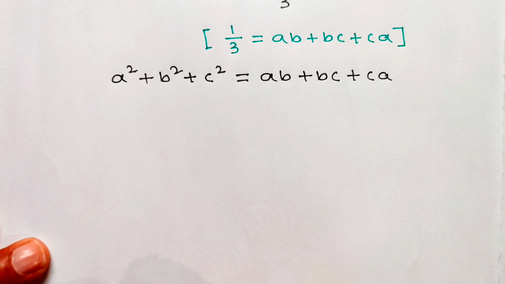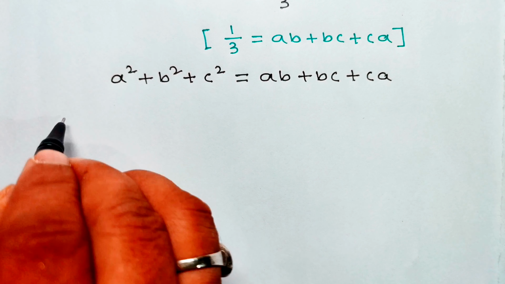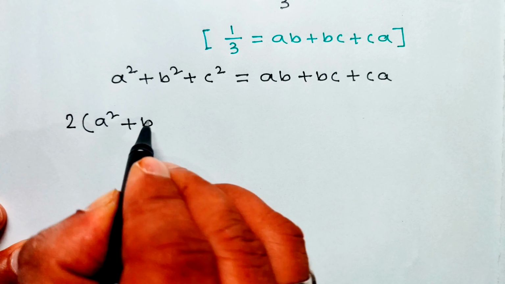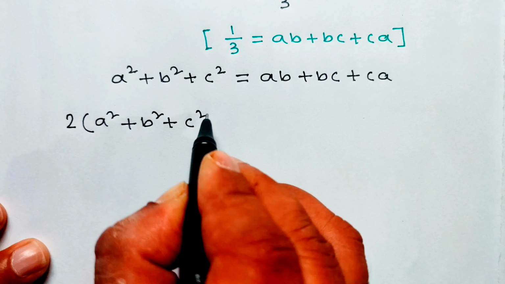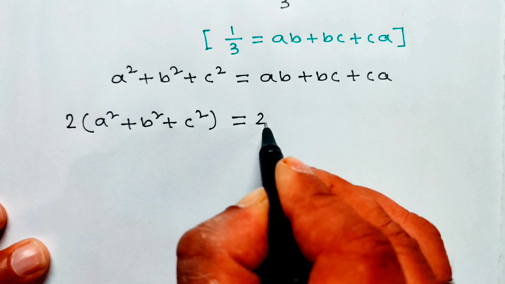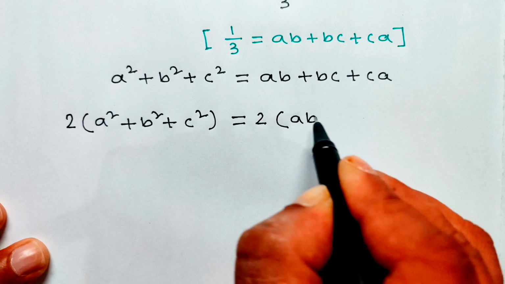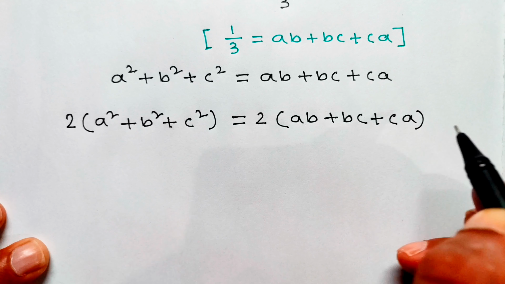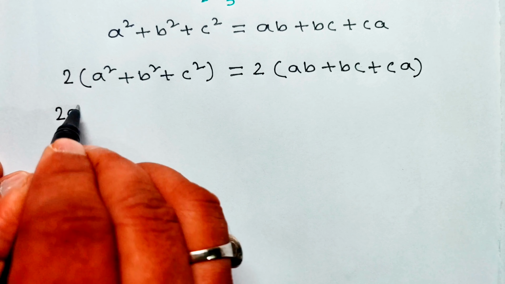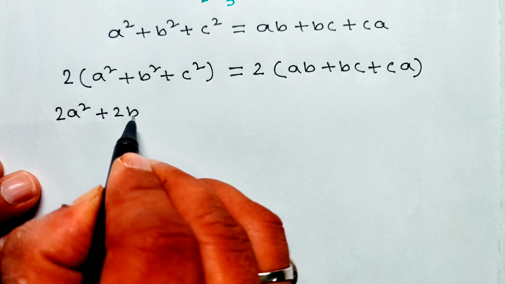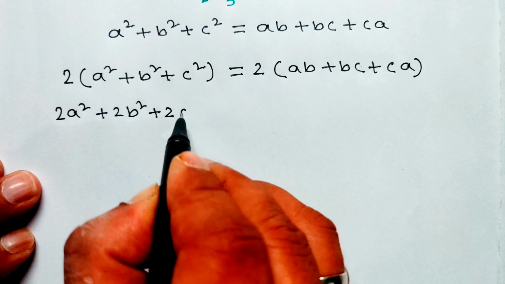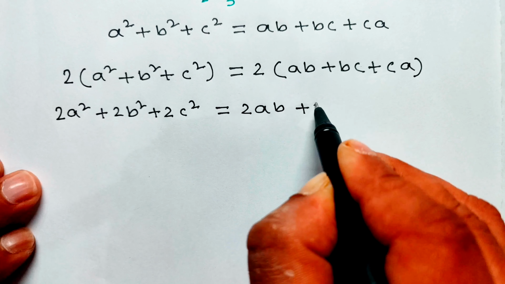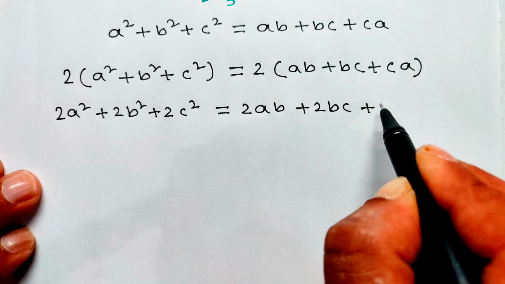Multiplying both sides by 2, we get 2(a² + b² + c²) = 2(ab + bc + ca). Then 2a² + 2b² + 2c² = 2ab + 2bc + 2ca.